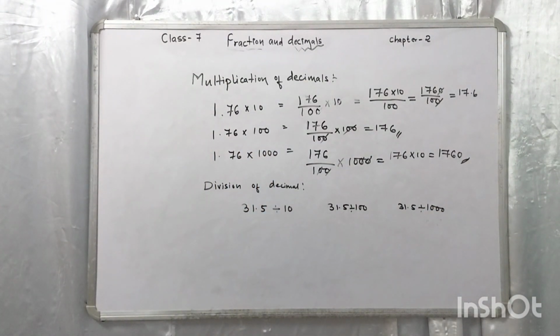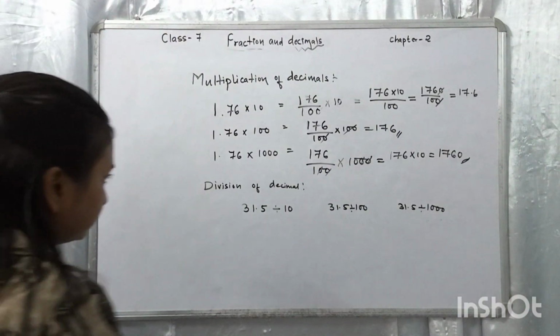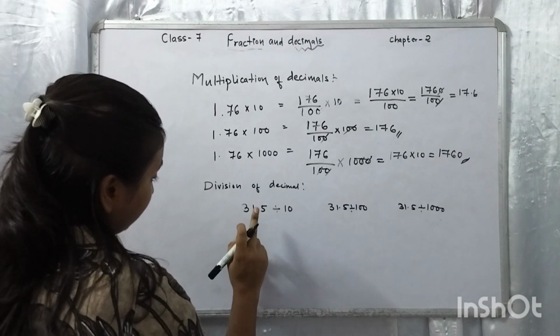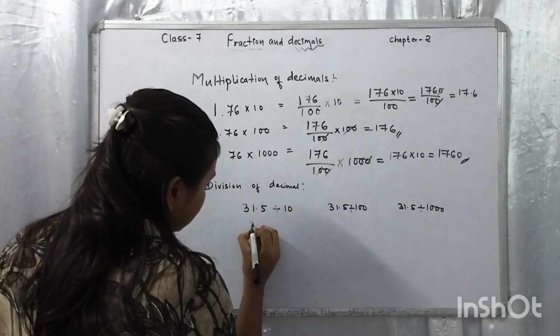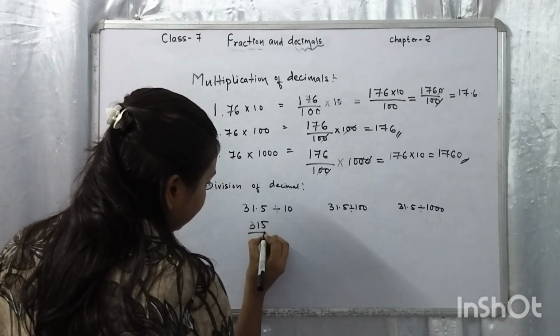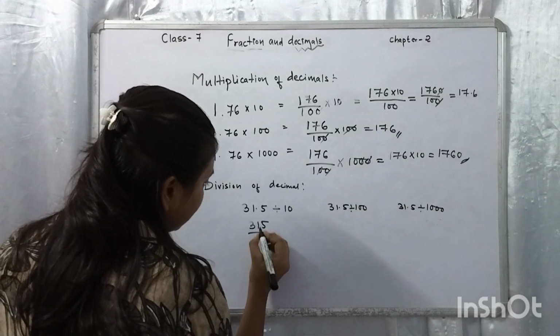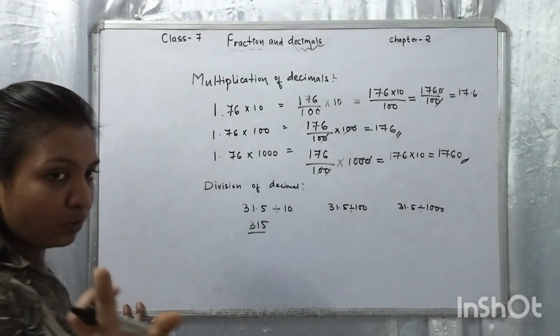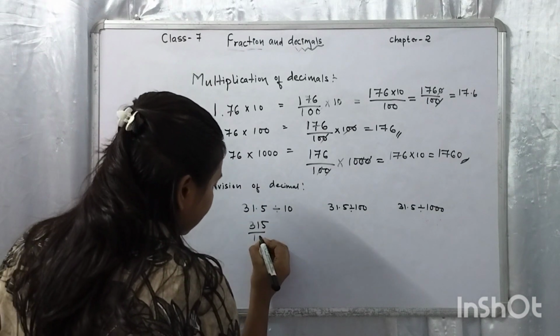Hope you are able to see all the numbers and understand. Now, as I told you, our first step will be to convert the decimal into a fraction. So this will be 315. As we shifted the point only after one number, this will be 10.